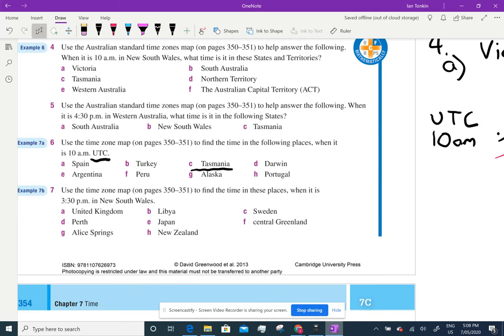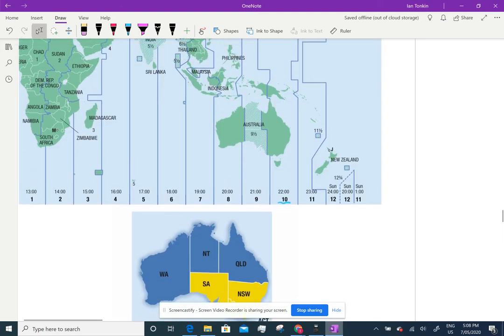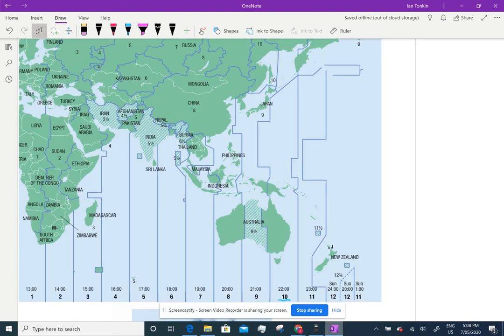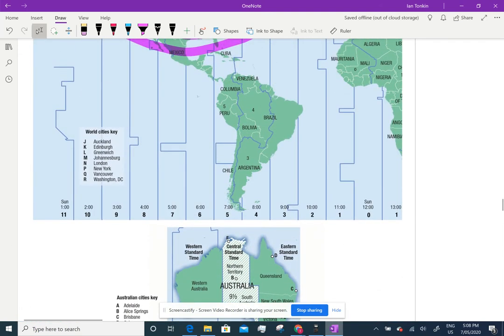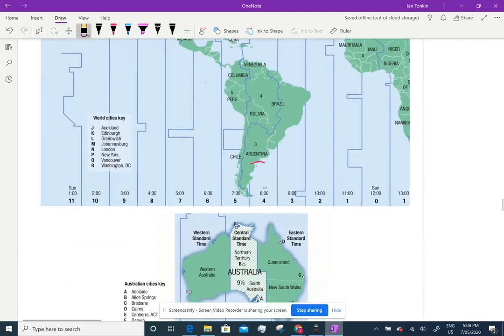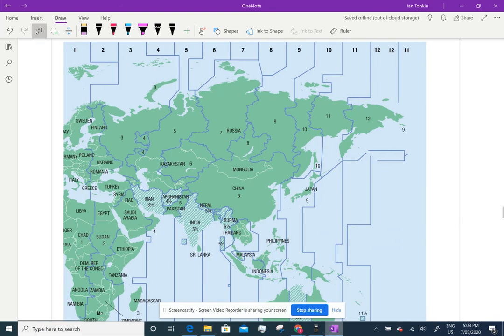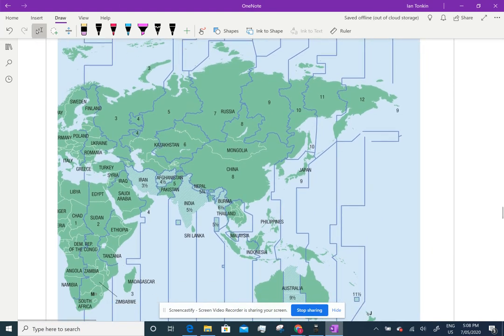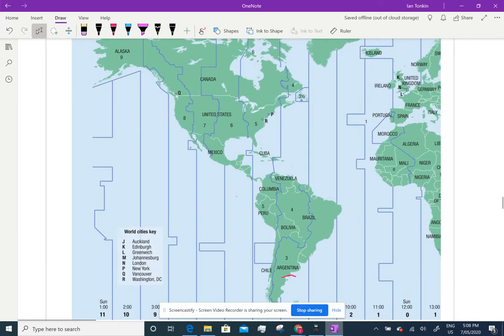So Spain and Argentina. Well, let's go and find them on the map. Argentina is in South America. There it is. And it's 3 hours behind. So let's remember that. And Spain, is it going to be easier? Maybe I should choose a different one.